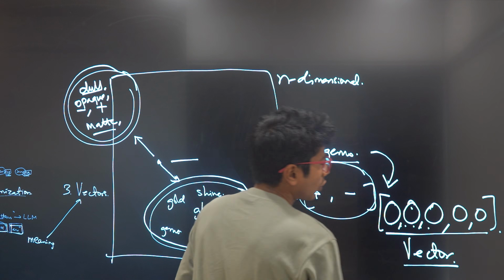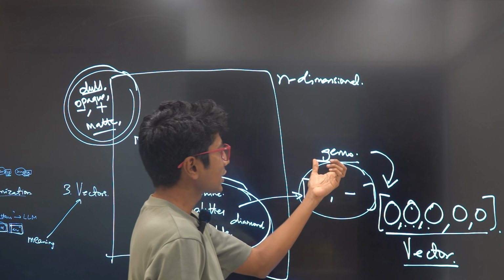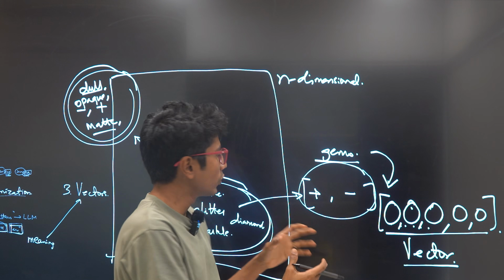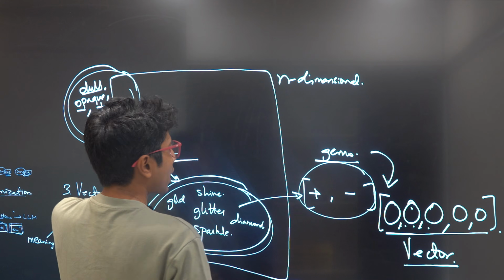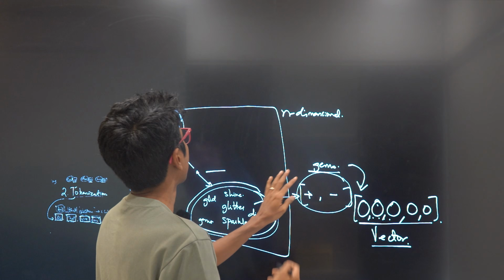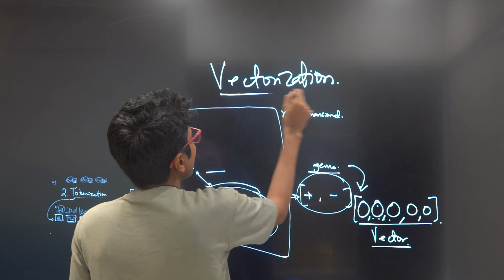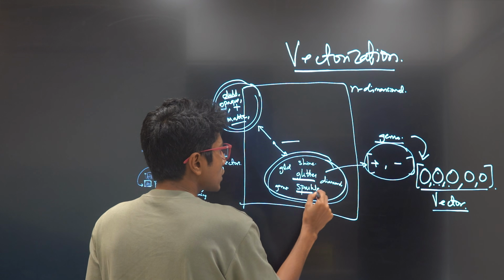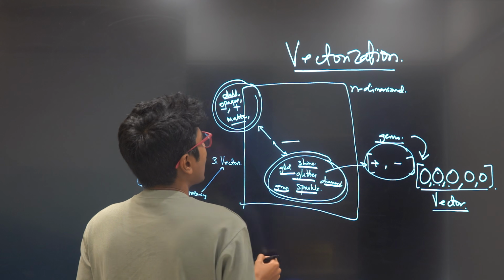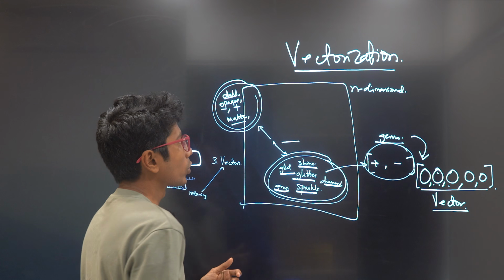The coordinate, the mapping of a word in an n-dimensional space such that nearby words, similar meaning words are all clustered together and opposite meaning words are somewhere far away, comes through the process of vectorization. The end result of this is that large language models know the inherent meaning of all the words in the English vocabulary, and they also know how to break any input text into small tokens.